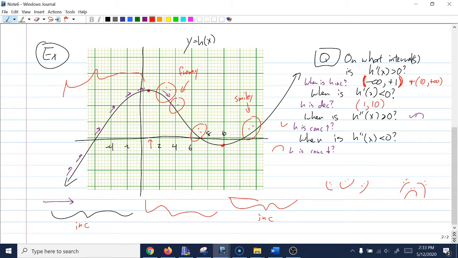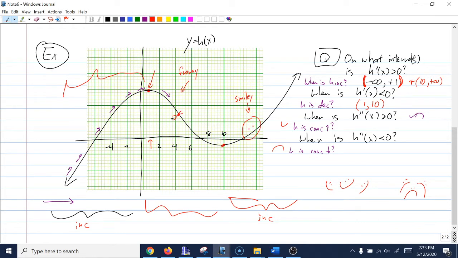Finding the exact spot where you switch is way trickier for concavity than it is for increasing and decreasing. When the function switches from increasing to decreasing, I can see exactly where that dot is. I am dead accurate that that is at 1 where it switches, and I can actually see it's a little bit left of 1. Seeing where the concavity switches is way harder to do with just your eyeballs. It looks like it's around here.